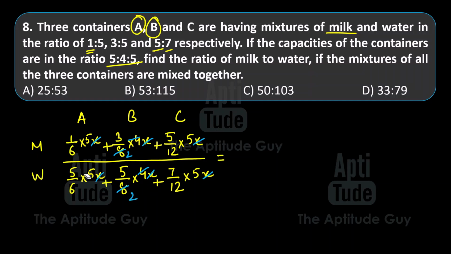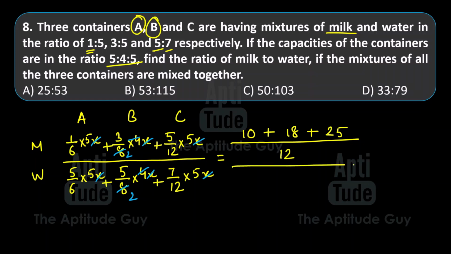This is equal to, what is the LCM of 6, 2 and 12? The LCM is 12. Now 12 by 6, 2, 2 into 5, 10, plus 12 by 2, 6, 6 into 3, 18, plus 12 by 12, 1, 1 into 5, 25, divided by, again the LCM of 6, 2 and 12, the LCM is 12. 12 by 6, 2, 2 5s are 10, 10 5s are 50.